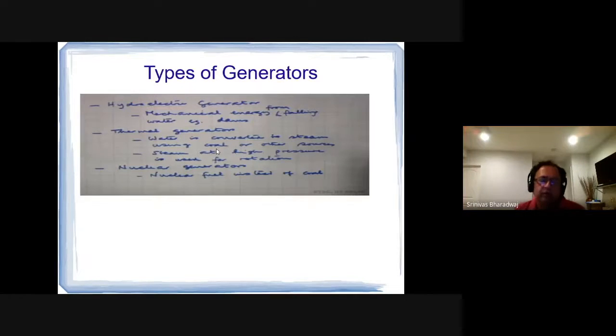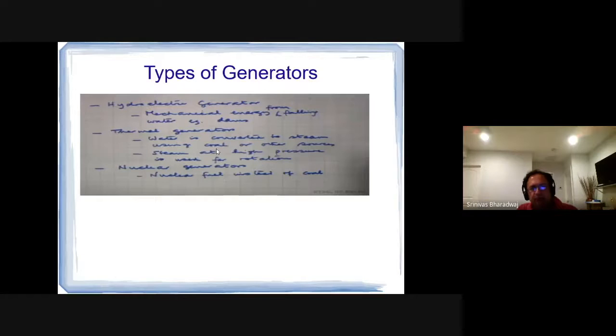Now an alternate form of power is through the power of water. Many countries, including India, are blessed with great rivers. The river Ganges flows from the heights of the Himalaya, down into the plains of India and to the sea.